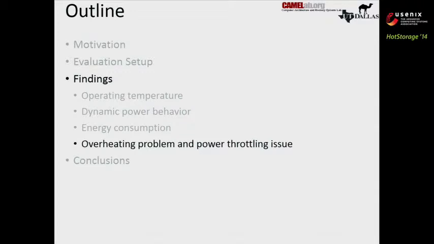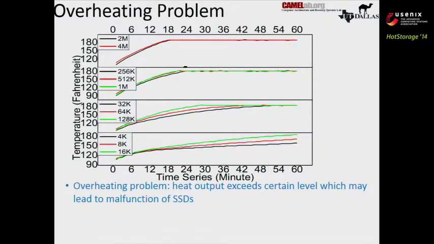Lastly, I want to talk about the overheating problems and the power throttling issues. As we know, when the temperature increases to a certain level, the heat output will lead to malfunction of the SSD. So we call it overheating problems.